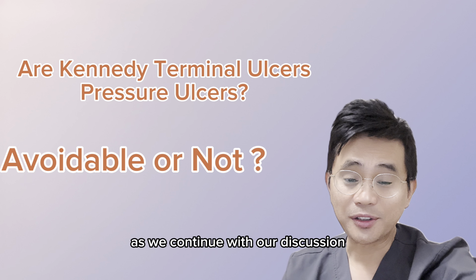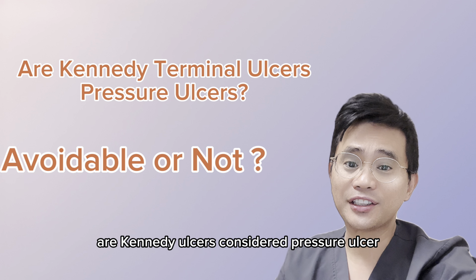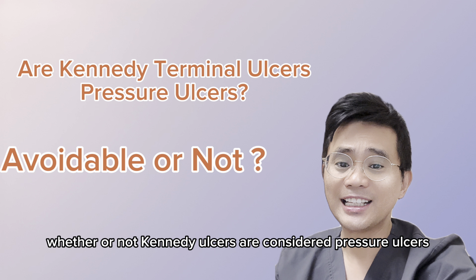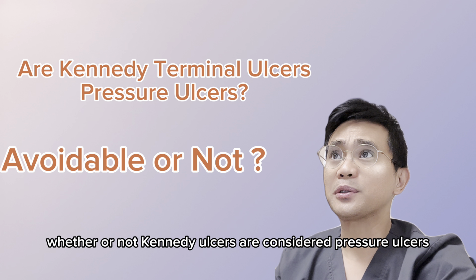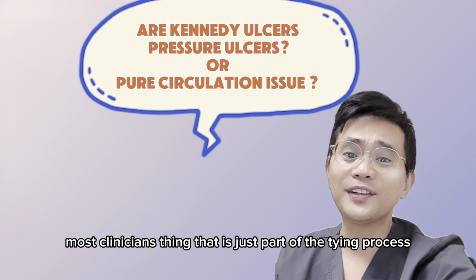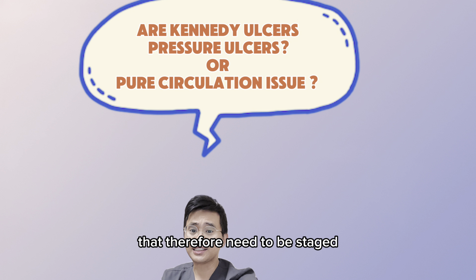As we continue with our discussion, an interesting question would be, are Kennedy ulcers considered pressure ulcers? There is still a debate whether or not Kennedy ulcers are considered pressure ulcers. Most clinicians think that it's just part of the dying process. Some clinicians believe that it has a pressure component, that therefore they need to be staged.